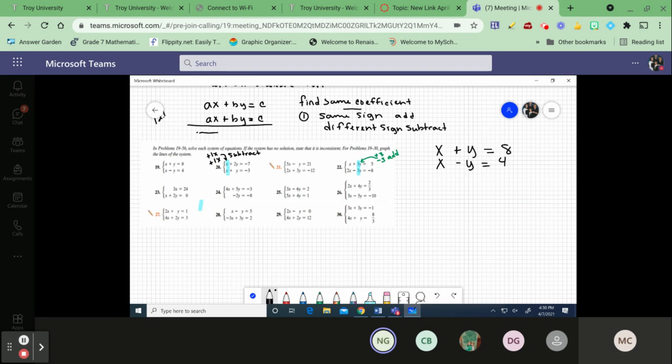You probably remember those word problems, the sum of two numbers is and the difference is. On here, everybody's coefficient is 1. Since x has the same coefficient and y has the same coefficient, you have a choice.